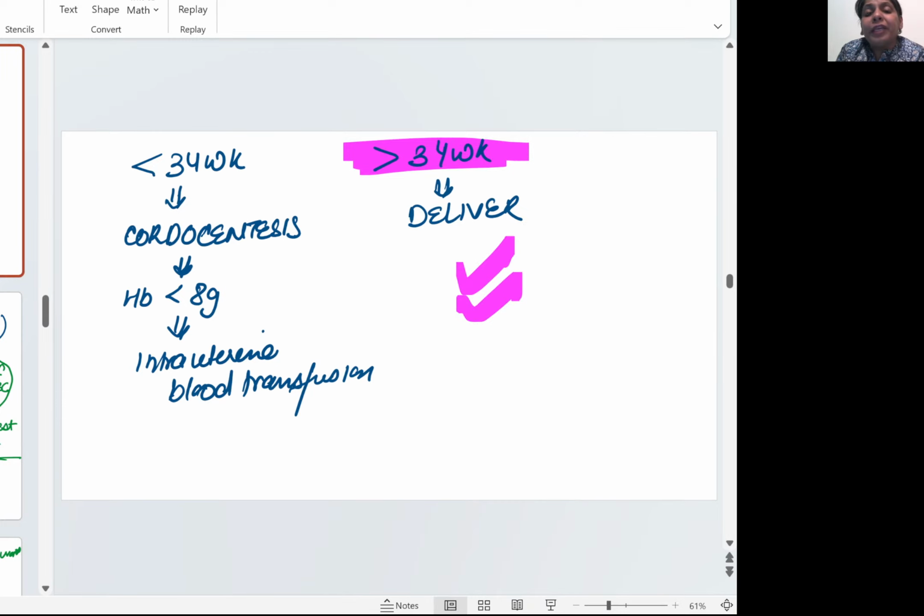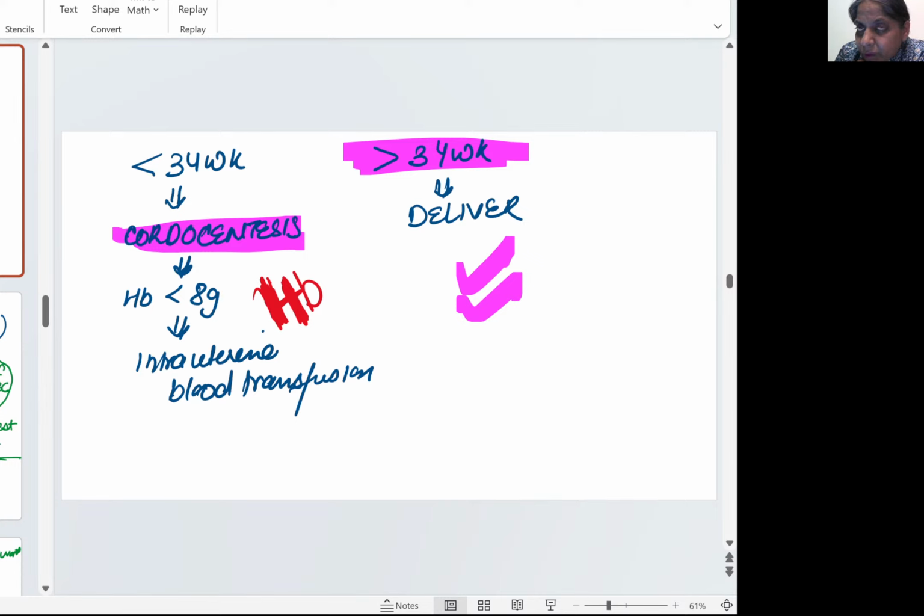If the period of gestation is less than 34 weeks, then we have to do cordocentesis to get the Hb of the fetus. If Hb is less than 8, then we give an intrauterine blood transfusion. Very good.